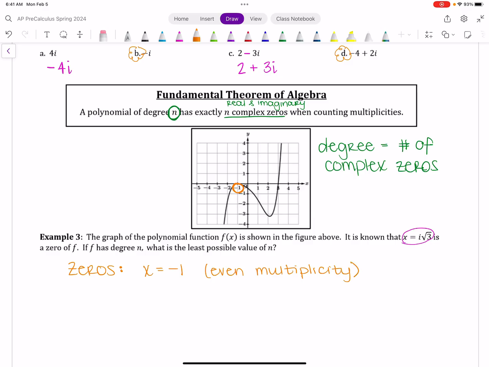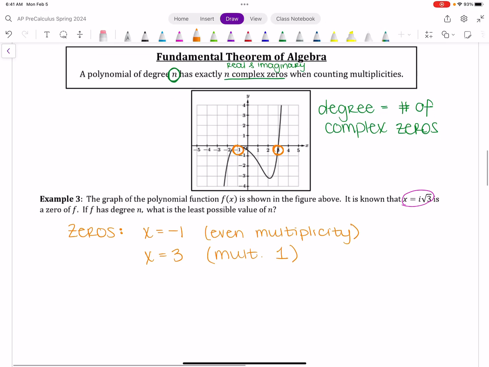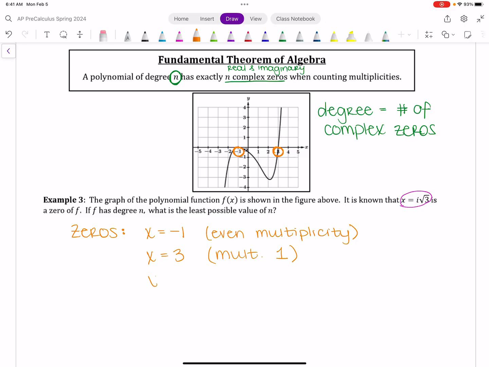And then we have another zero on our graph at 3, which appears to have a multiplicity of 1. And then we are also told that x equals i square root of 3 is a zero.